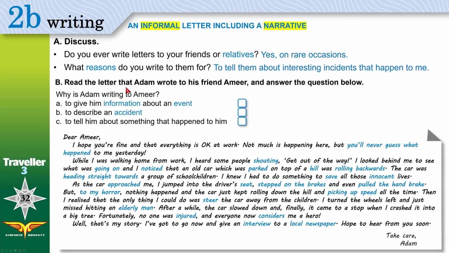Now read the letter that Adam wrote to his friend Amir and answer the question below. Why is Adam writing to Amir? Adam wrote this letter to his friend Amir. Why? A. To give him information, details or facts about an event, something that happened, or maybe to describe an accident.